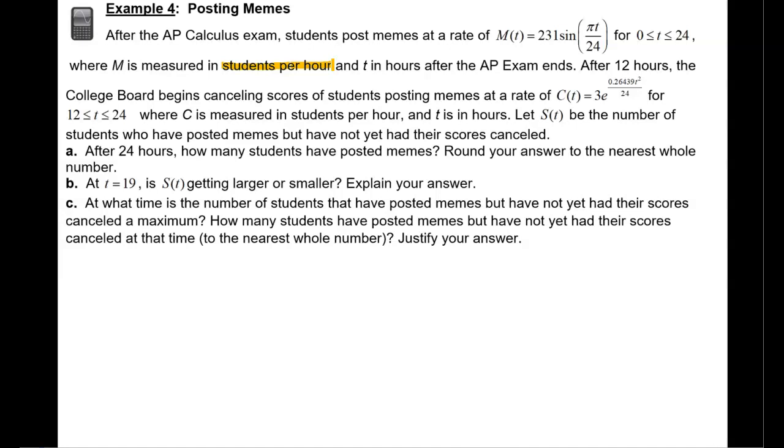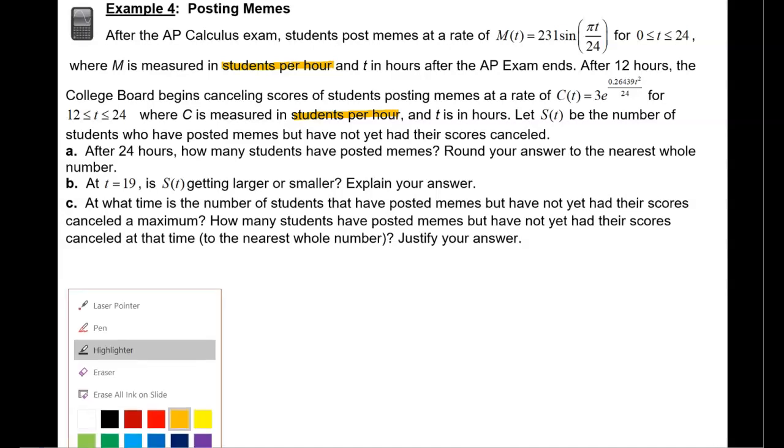C and N are both measured in students per hour. S of t is to represent the number of students who have posted memes but have not yet had their scores canceled, the lucky ones. After 24 hours, how many students have posted memes?